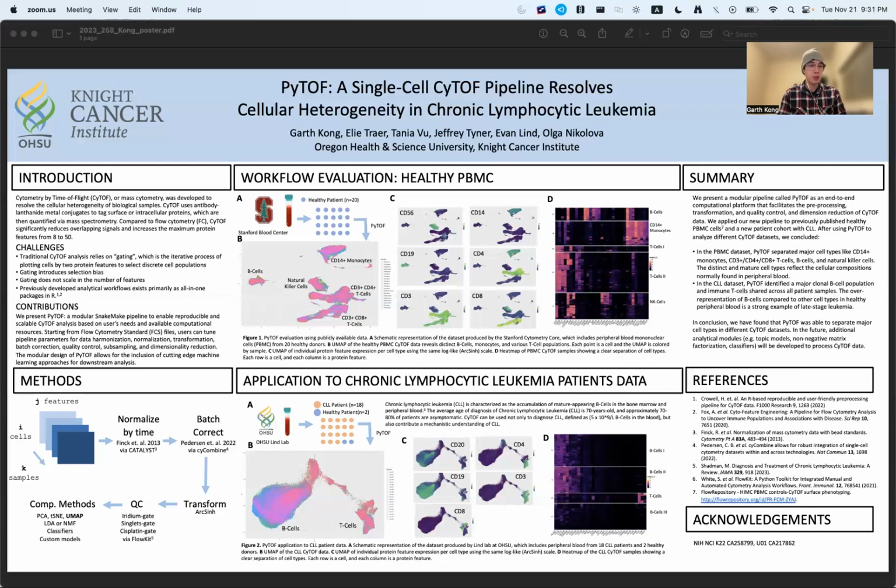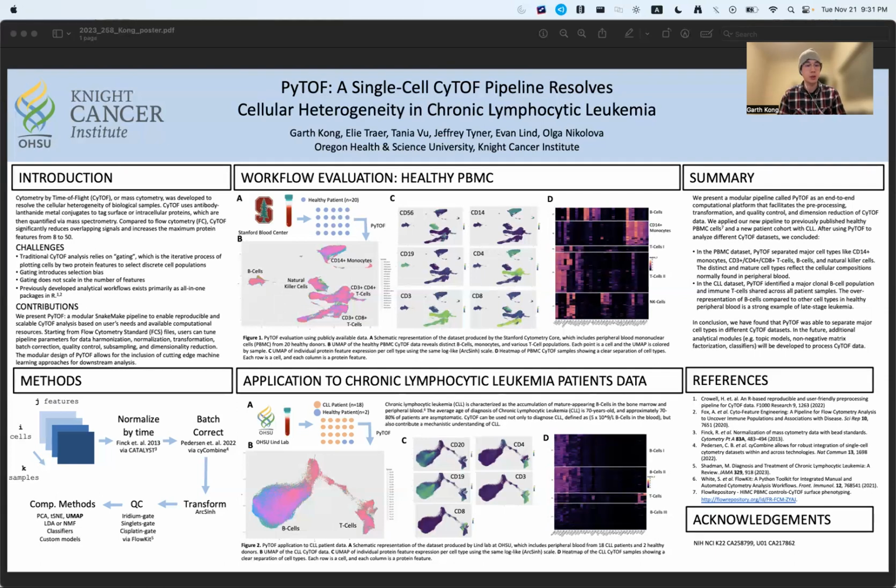The first step in PyTOF is that we normalize by time using the Fink et al. 2013 paper. What this means is that the longer your samples are in the CyTOF machine, the more skewed the signal is. But the skew is more or less linear, so Fink 2013 solves that for us.